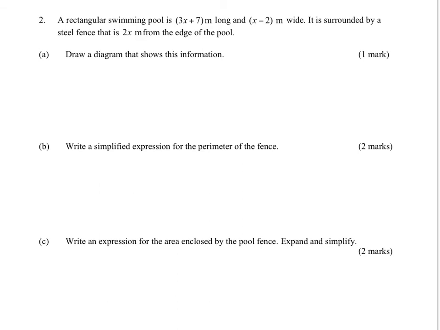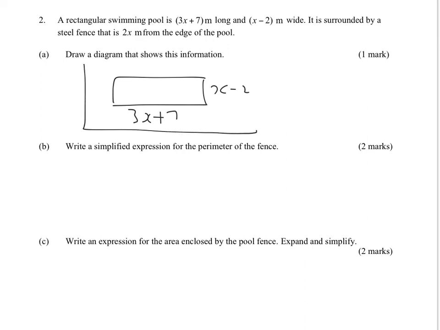Finally, a rectangular swimming pool, 3x plus 7 long and x minus 2 wide, is surrounded by a steel fence that is 2x from the edge of the pool. So, therefore, from there to there is 2x, so is that. From there to there is 2x, and so is that.